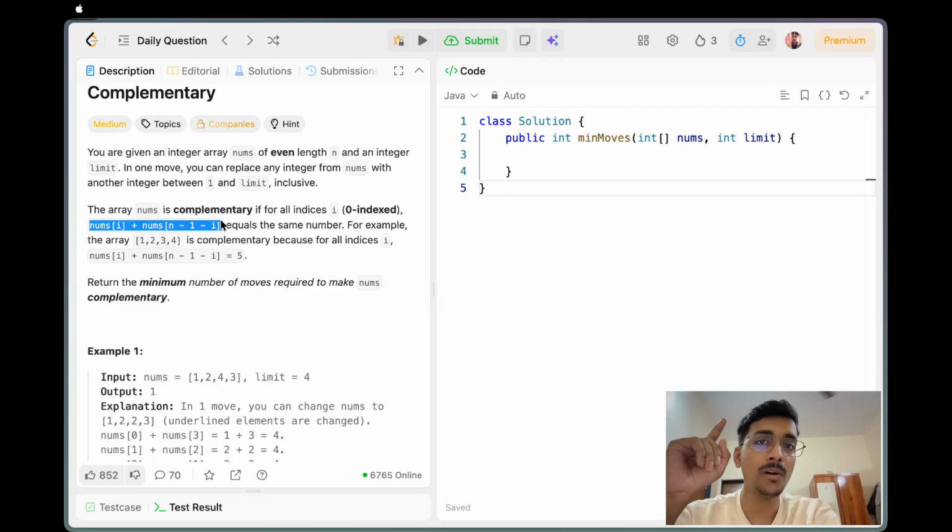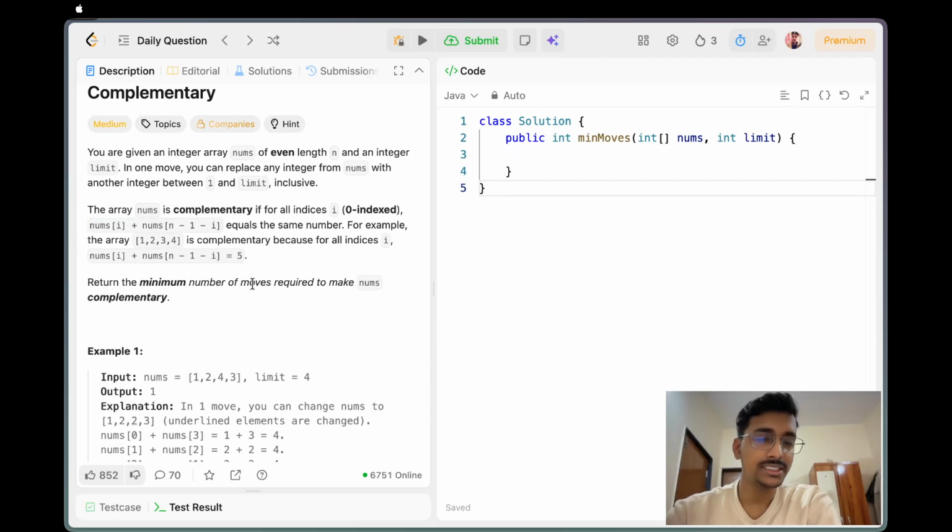Based on that number only, we need to organize or replace the numbers within the nums array. Let's think of that number first.